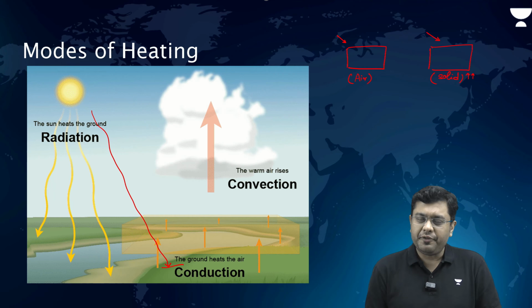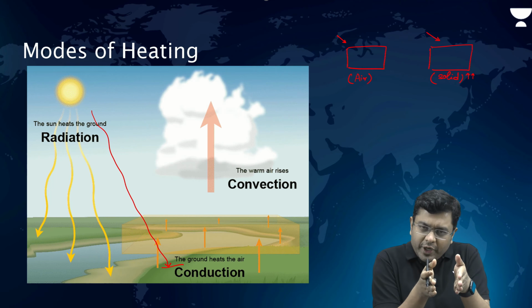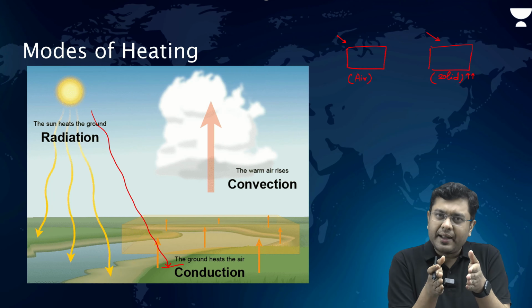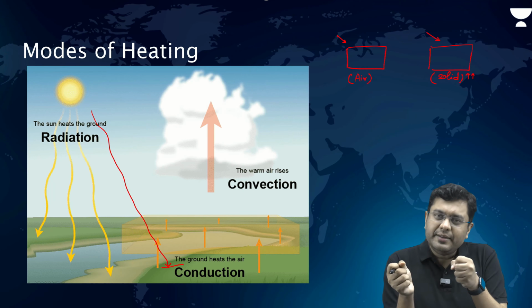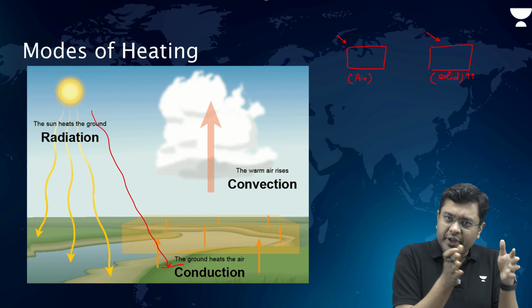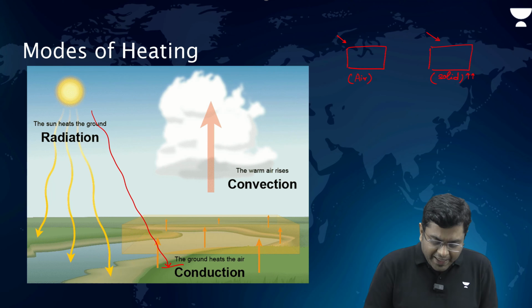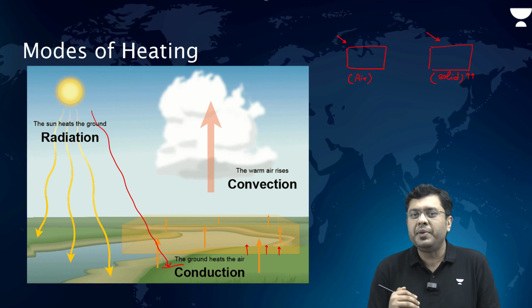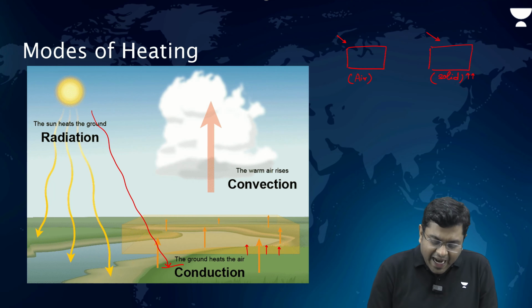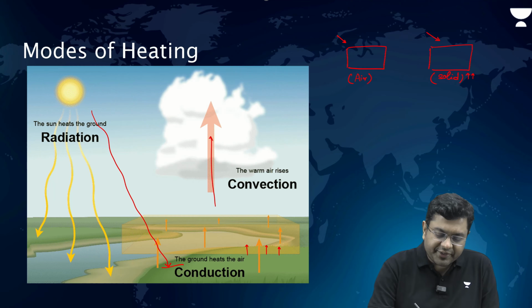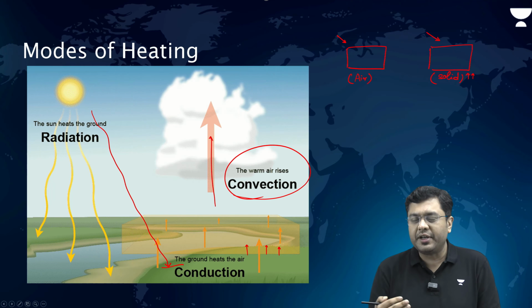Then the ground surface, by the process of conduction, that is when two different objects are in contact having unequal temperature, that is when the heat is transmitted. So by the process of conduction, the ground surface transmits heat to the air immediately above it. And that heat slowly and steadily travels up the atmosphere by the process of convective currents which are generated in the atmosphere.